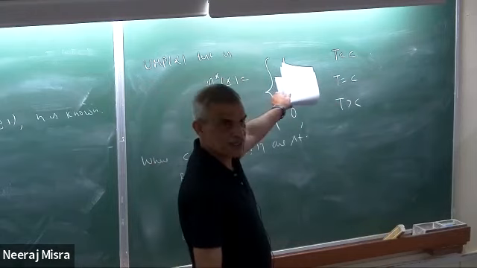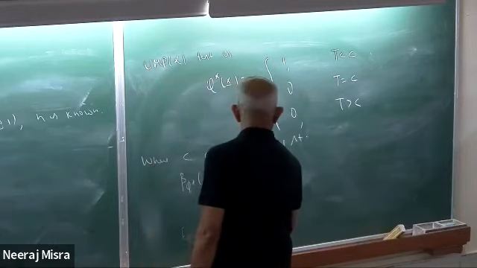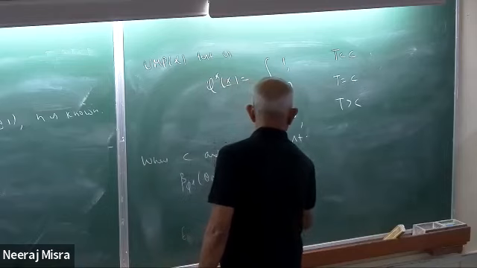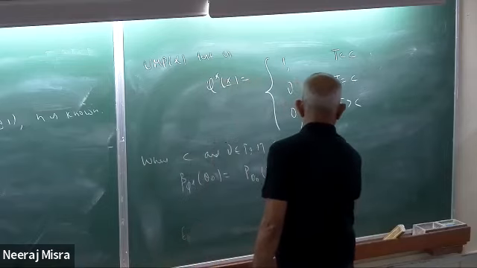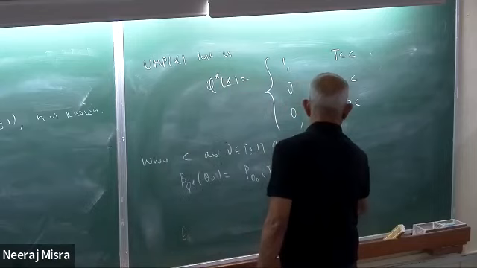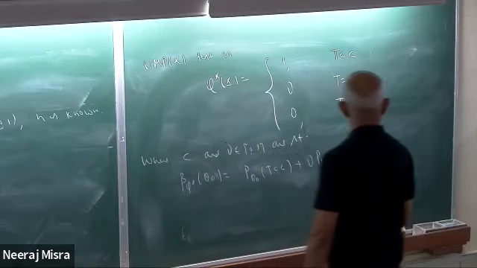What would be beta phi star theta naught? Probability under theta naught of T less than C plus gamma times probability under theta naught of T equal to C is the same as alpha.